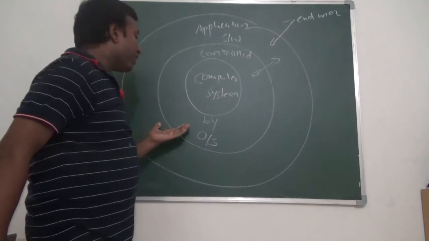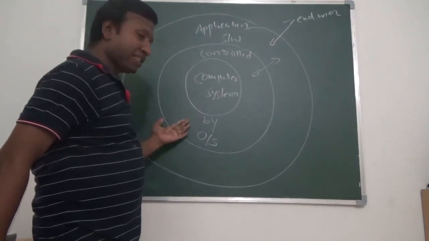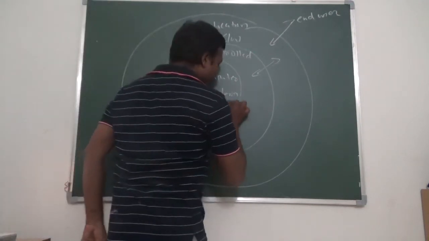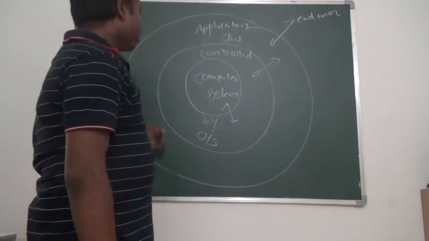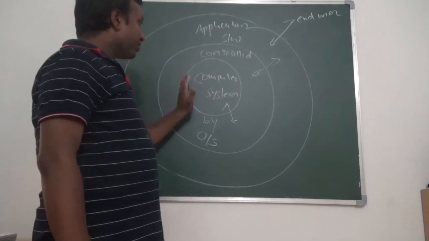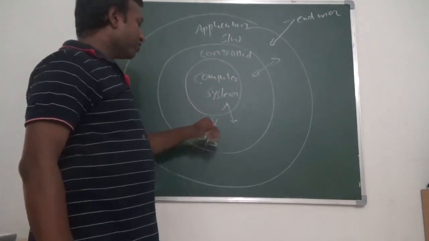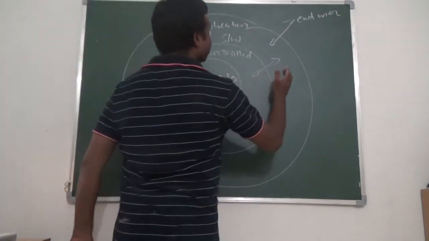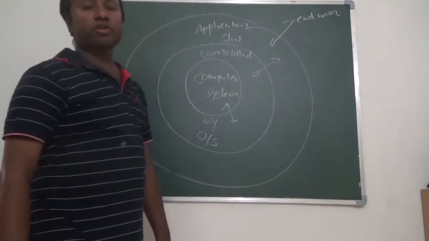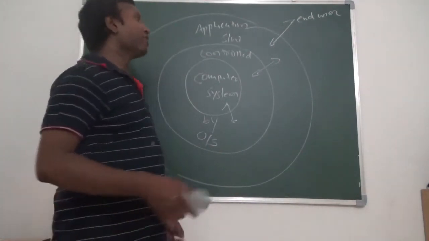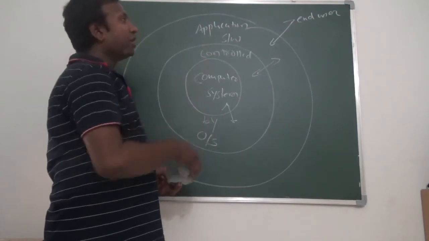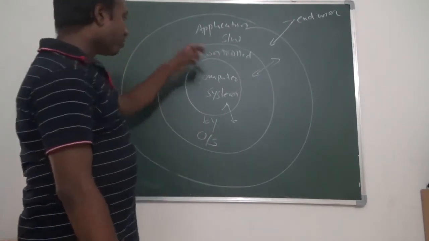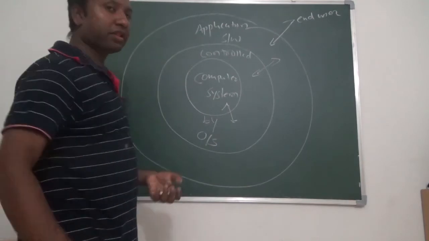Operating system communicates with the hardwares, all the CPUs, RAMs, and etc. Then whatever be the computation done by the hardware is returned to the OS. The OS is returning back to the application software. And application software obviously sends that output to the end user. So this is how the hierarchy of softwares works.